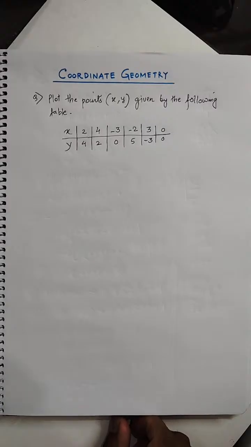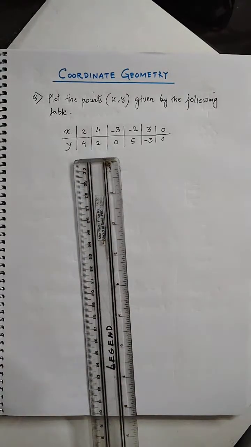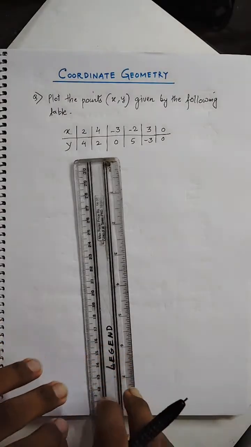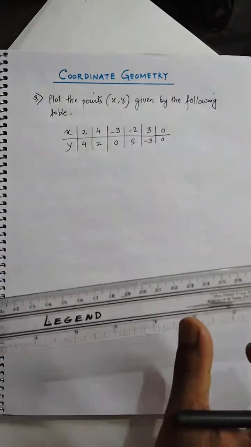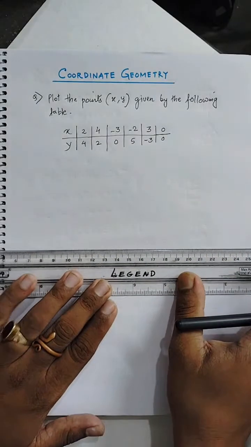Okay, I am going to draw the axis on this paper. So we have two coordinate axes, right? We have the x axis and the y axis. The horizontal axis is the x axis और vertical axis को y axis बोलते हैं. So let me draw.